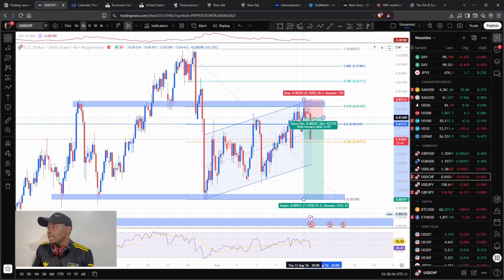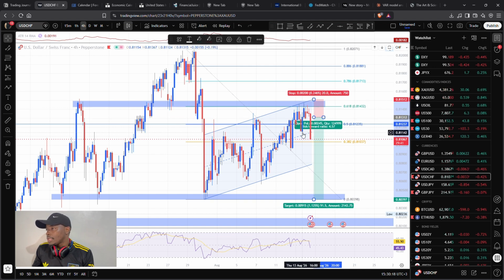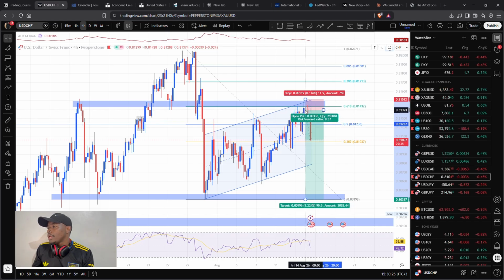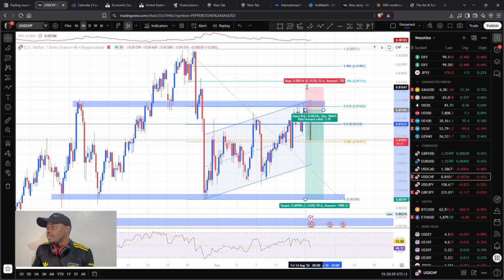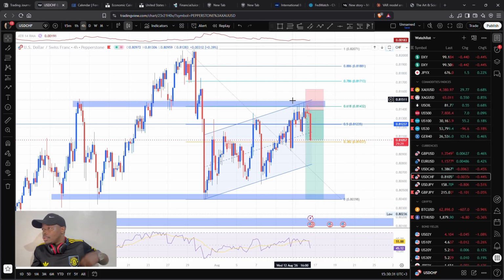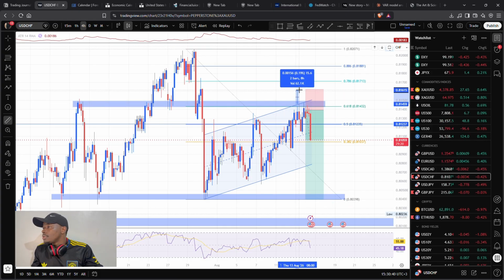So as you can see, it had bounced off from this area the first time, came back again, and sort of formed a double top here, and this is where I got my entry around here. I've moved my stop loss, but my stop loss was 1 ATR above these highs, so about 18 pips from this high, which is 1 ATR, the average true range.